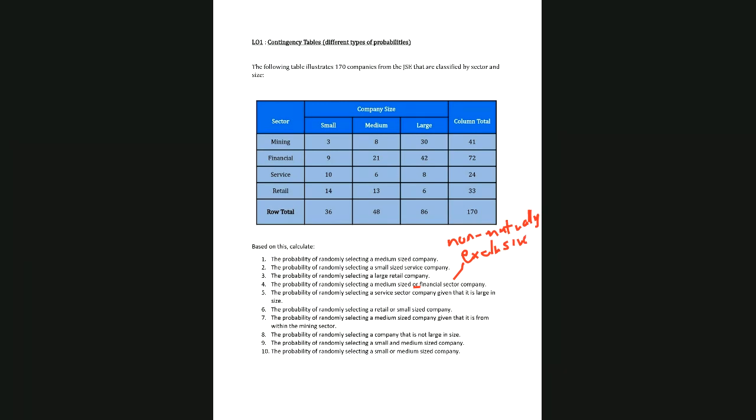So this is a non-mutually exclusive event. And with these non-mutually exclusive events, the formula for it is, and this is a general formula, the probability of X or Y occurring is equal to the probability of X plus the probability of Y minus the probability of X and Y occurring.